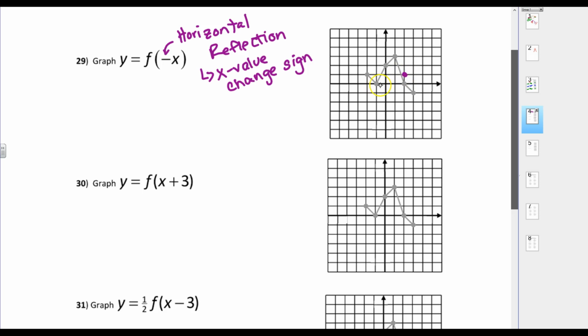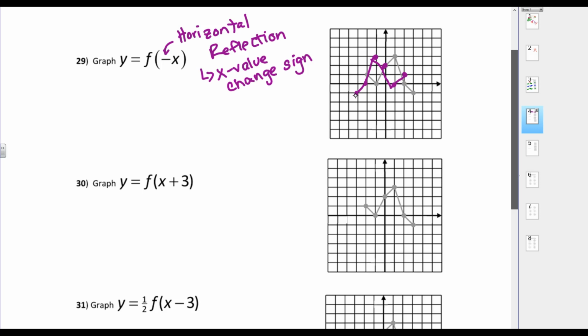2, 1. -1, 0 is now 1, 0. 0, 2 stays 0, 2. 1, 3 is now -1, 3. 2, 0 is now -2, 0. And 3, -1 is now -3, -1. So what happens is we get, that's a really bad join line, a graph that's been reflected over the y-axis, where all of my x values change sign.